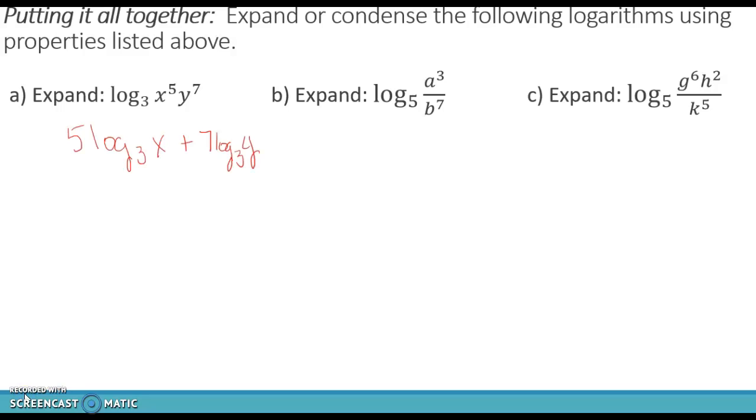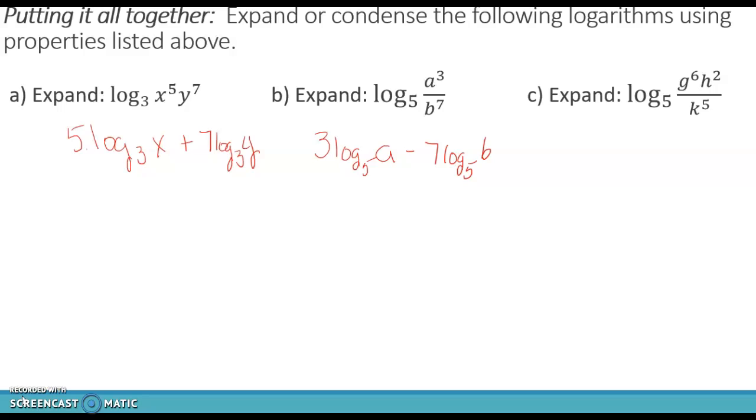So what we did is, first of all, we broke up the multiplication into addition. Then we took the exponent for each one and put it out in front. Try the second one.